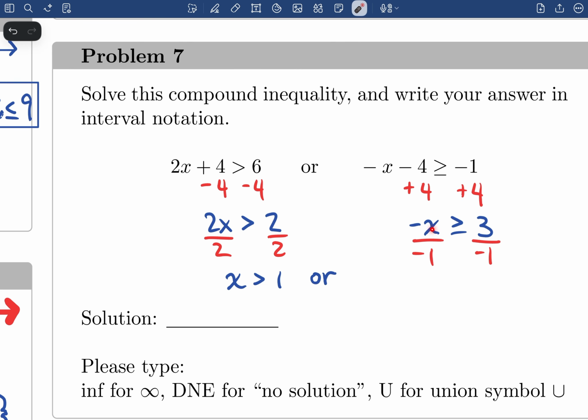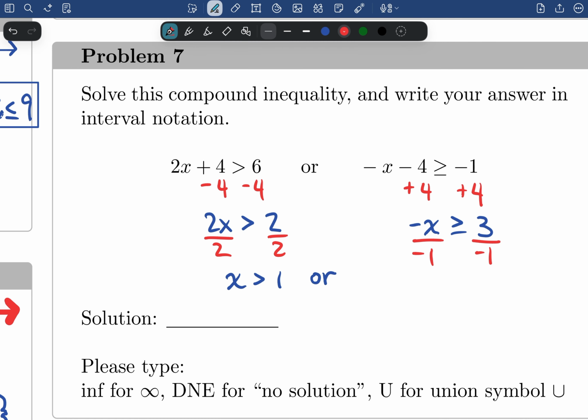Negative 1x. So I'm going to divide by negative 1 across the inequality. And then I realize, wait, I just divided by a negative number across the inequality, so I need to flip the inequality symbol's direction. And I get x is less than or equal to negative 3. Okay, so I got x is greater than 1, or x is less than or equal to negative 3.